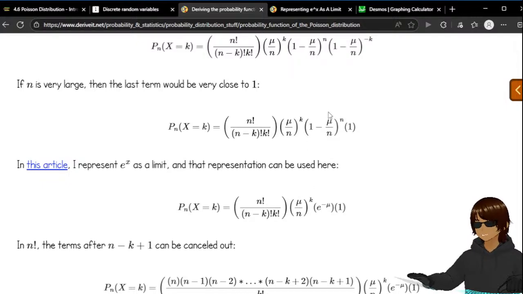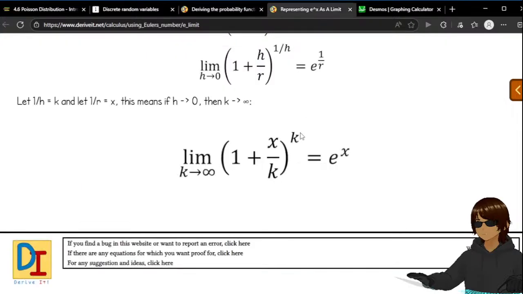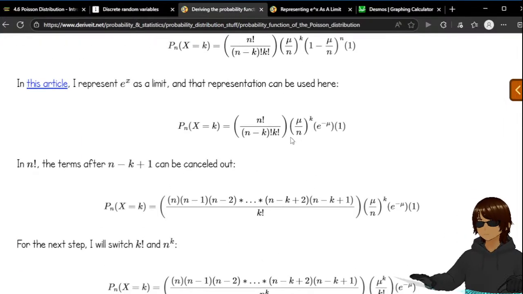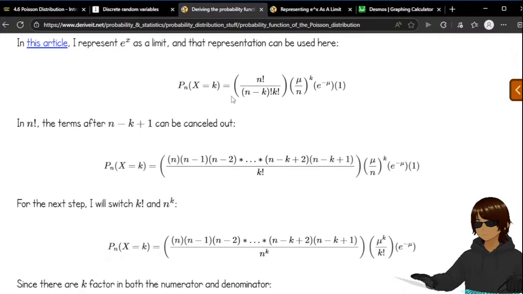So if we have this term over here, if we make n larger and larger and larger, then this will become e to the power of minus mu. The terms after n minus k plus 1 can be cancelled out. Okay, this can be rewritten as this.